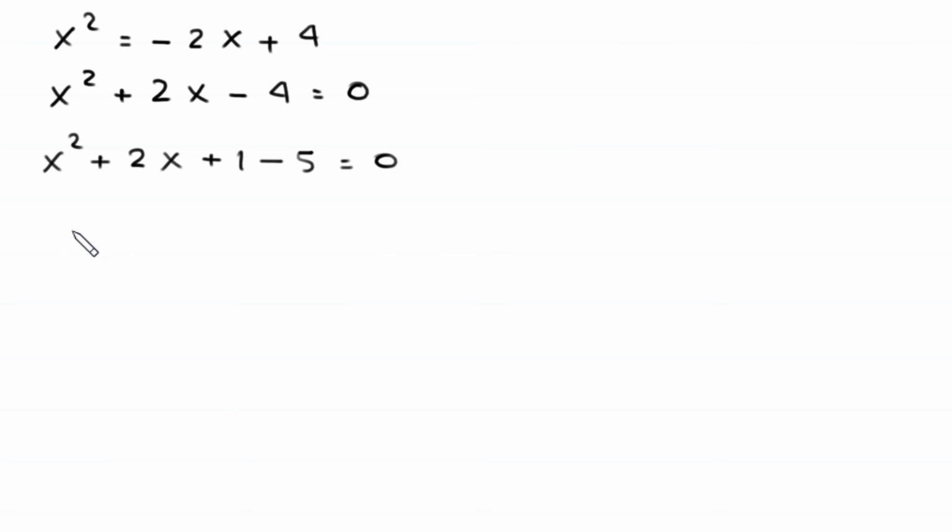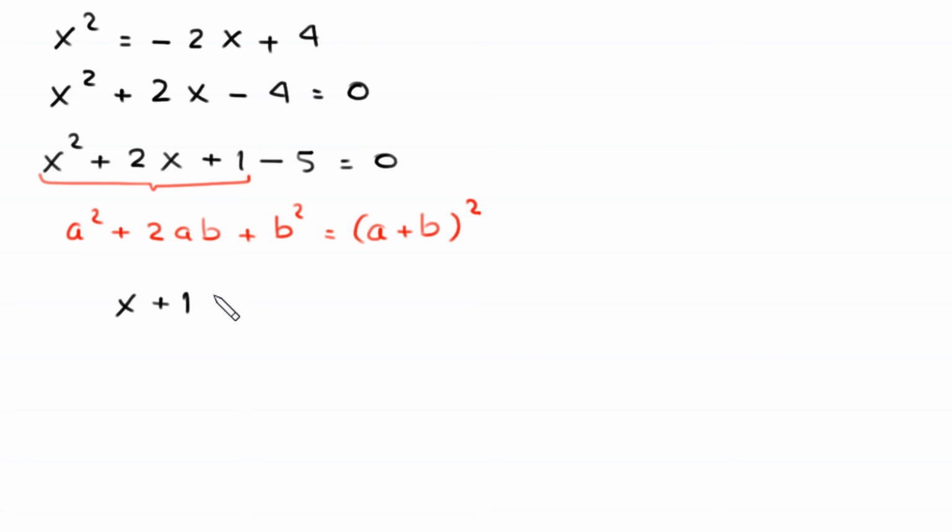By using this algebraic identity a squared plus 2ab plus b squared equal to a plus b whole squared, this x squared plus 2x plus 1 will become x plus 1 whole squared. This negative 5 will become positive 5 at the right hand side, and from here we take square root of both sides.